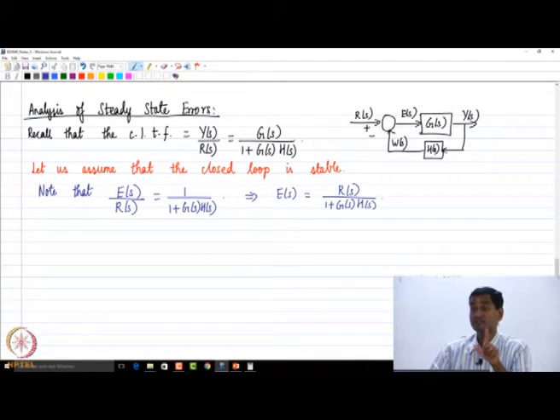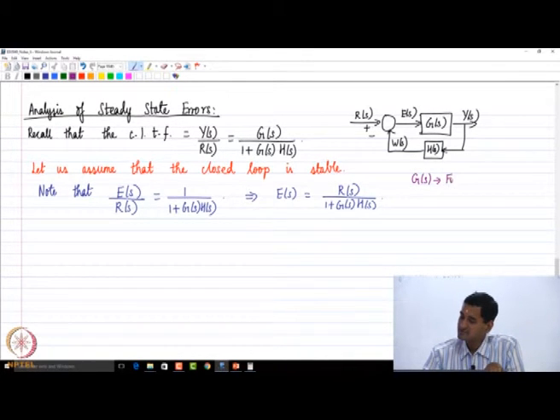What is the name that we associate with the function G of s multiplied by H of s? Open loop transfer function. Let me write it down once. G of s is what is called the forward path transfer function.